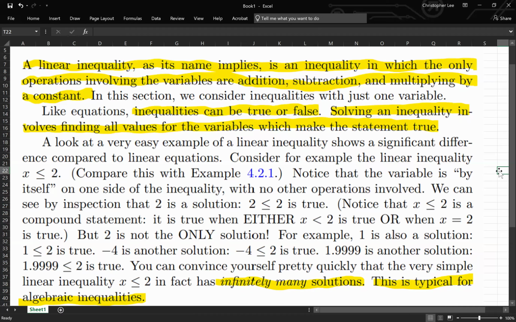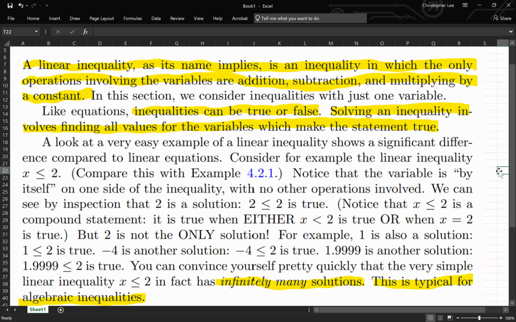We can see by inspection that 2 is a solution because 2 is less than or equal to 2. That's true. Notice that x less than or equal to 2 is a compound statement. It is true when either x is less than 2 is true, or when x is equal to 2 is true.